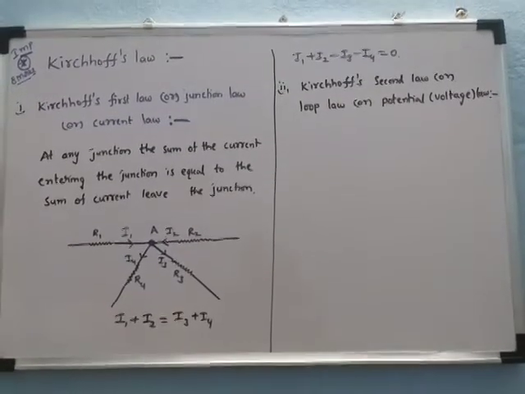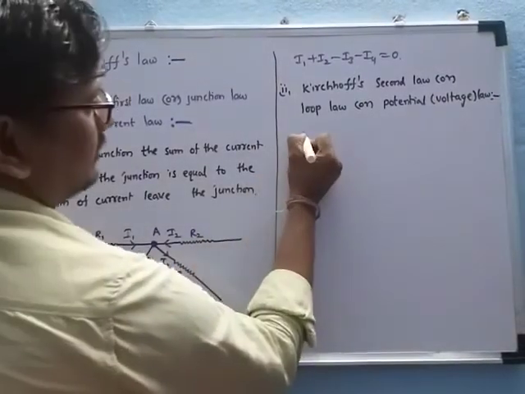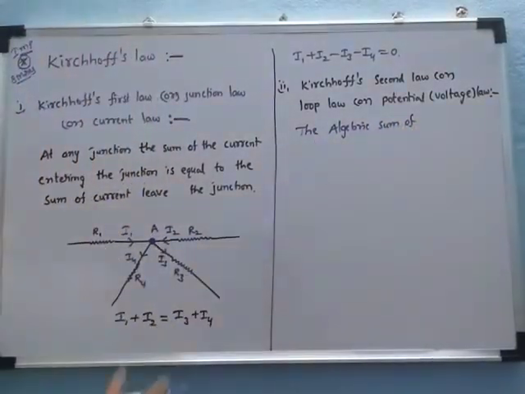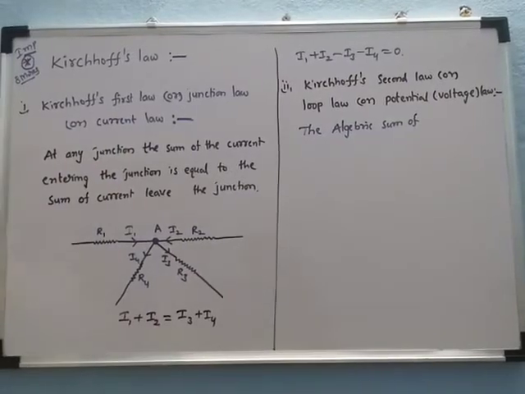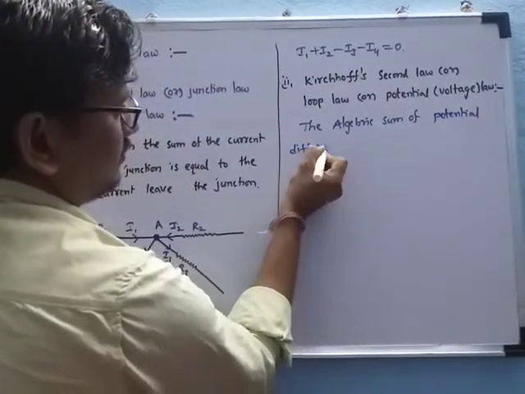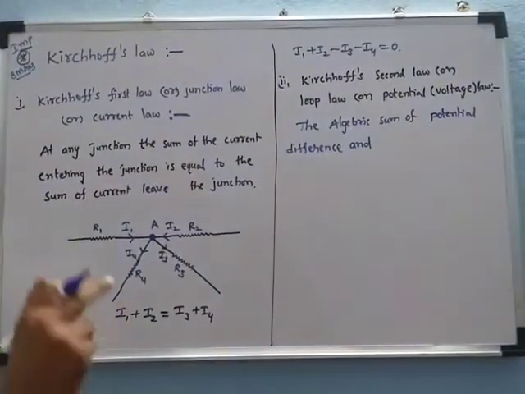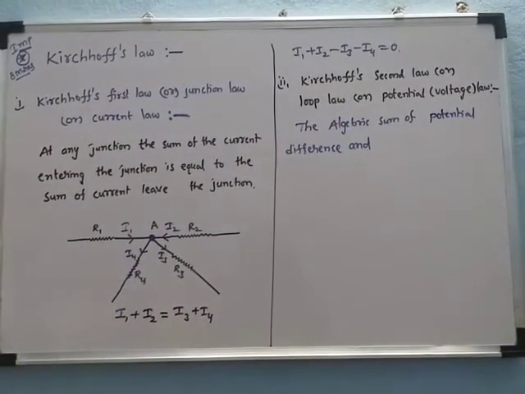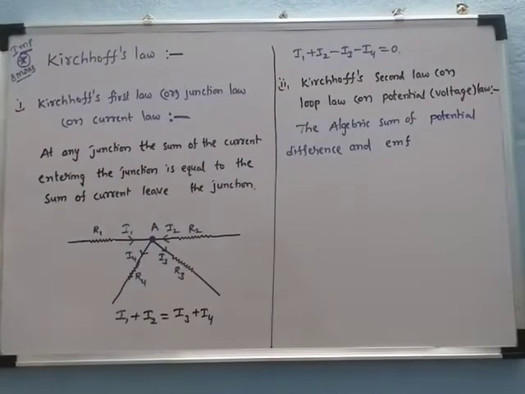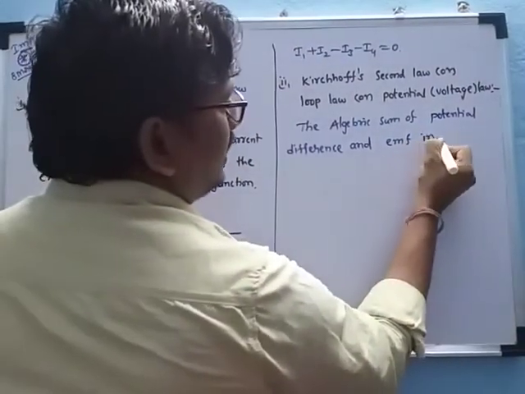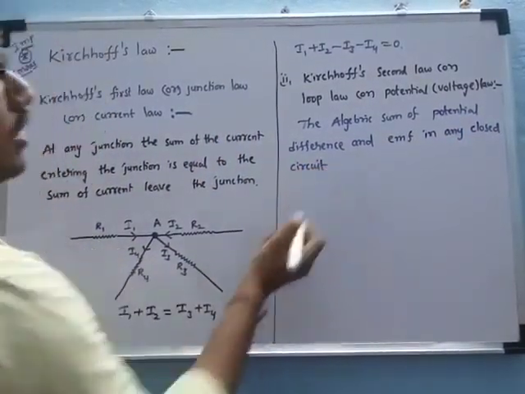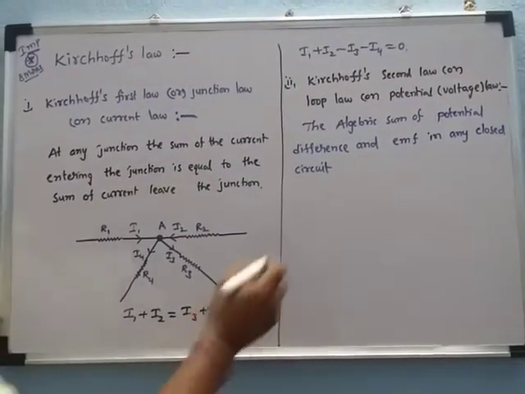So here, the algebraic sum of potential differences and EMF, electromotive force, in any closed circuit is equal to 0.